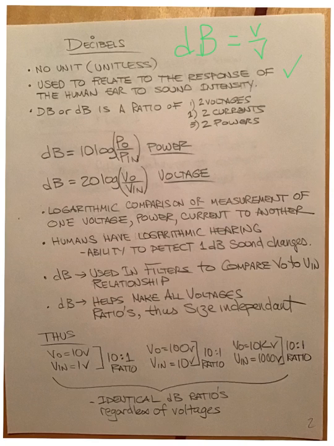Now, if you were listening to a guitar amplifier and the output was 1 millivolt, and you were listening to another guitar amplifier and the output was 100 millivolts, you might think the 100 millivolt output is louder. It's definitely bigger.